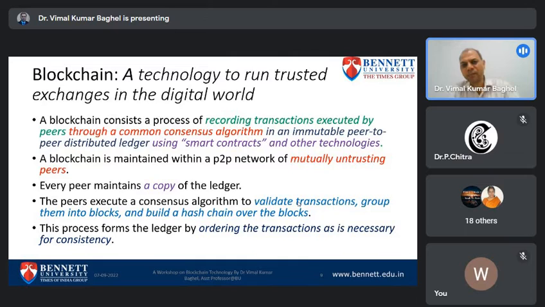A blockchain is maintained by a peer-to-peer network of mutually untrusting peers. Nobody on the blockchain knows to whom we are talking or doing business. For example, in the case of cryptocurrencies or crypto trading, you have only one 64-bit public address. That public address is the only identity you have in the blockchain. Nobody else can identify you.